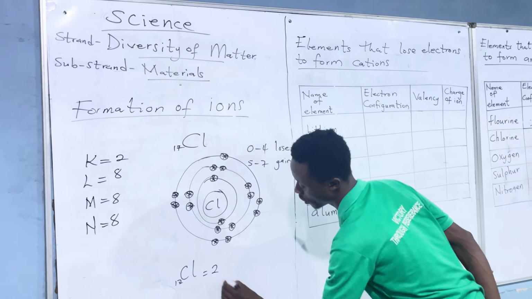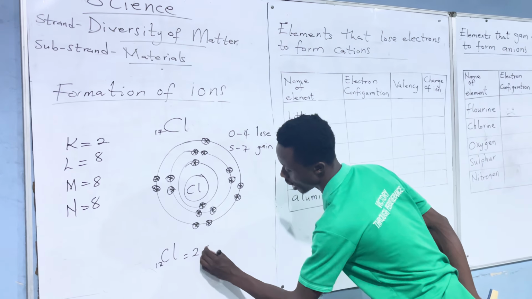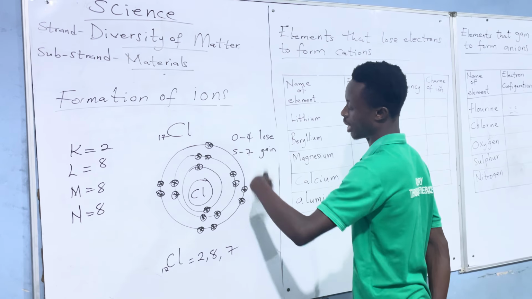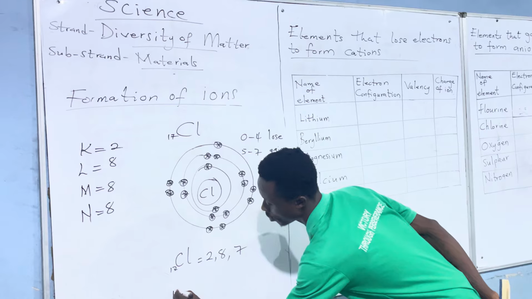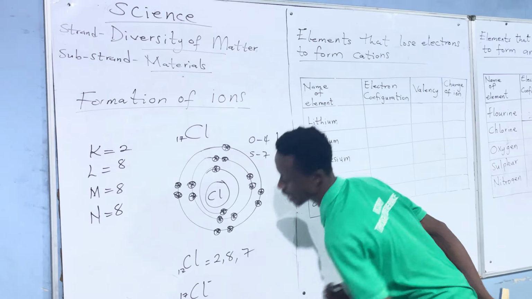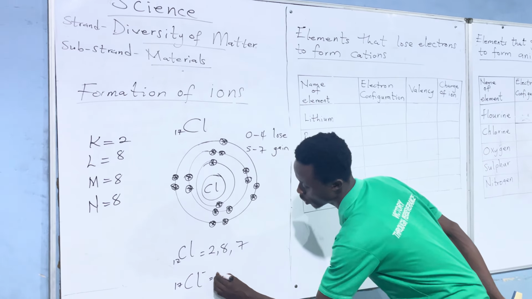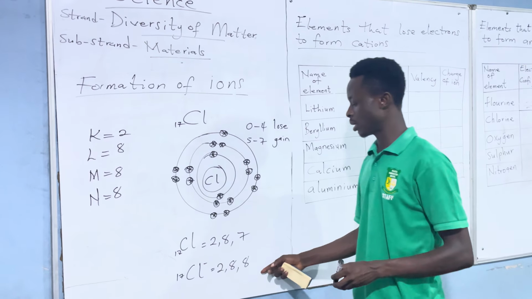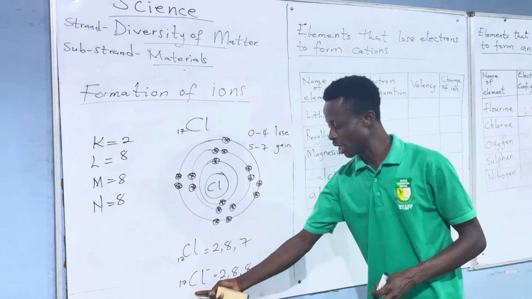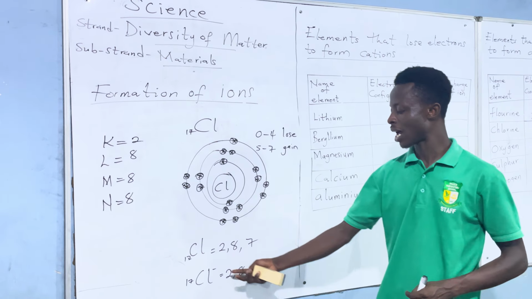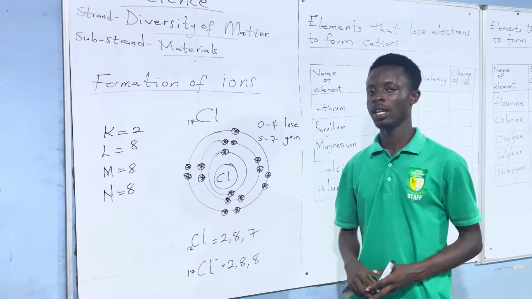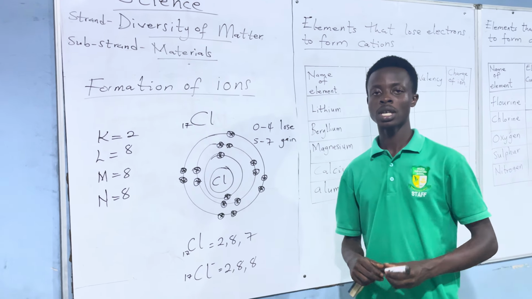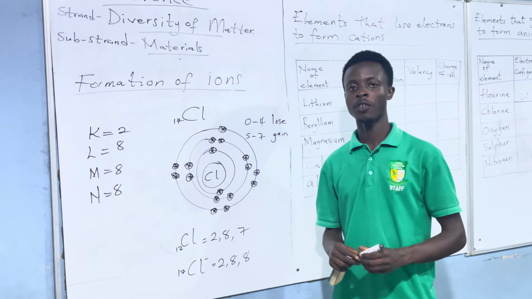The electronic configuration of chlorine is 2, 8, 7. When it gains 1 electron, it becomes negative, so we have 2, 8, 8. This tells you that the chlorine atom has gained 1 extra electron, making the number of electrons higher than the number of protons.